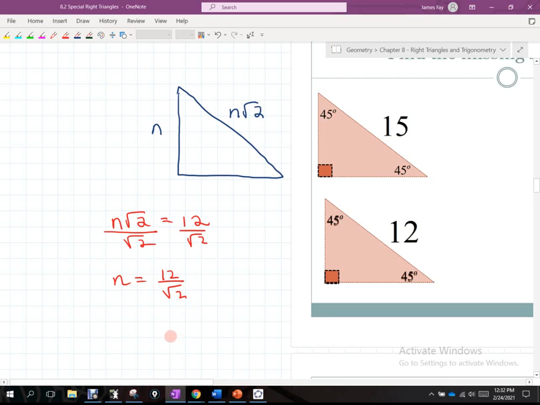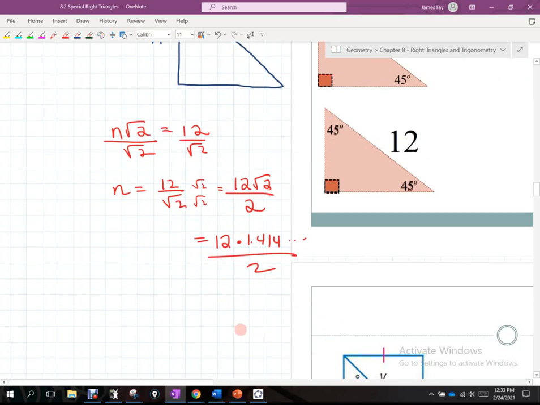A lot of you are probably going to find patterns with this eventually. But I'm always going to multiply then by this radical 2 down here. It gives me 12 radical 2 over 2. Okay? Which is 12 times 1.414, and so on, right? Isn't that 12 the same thing as 2 times 3?